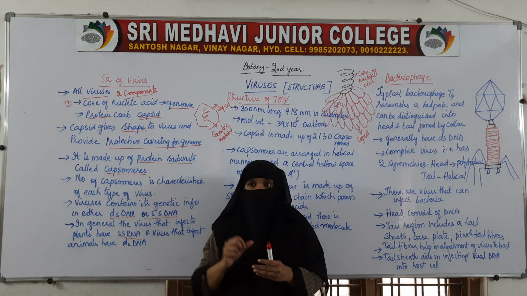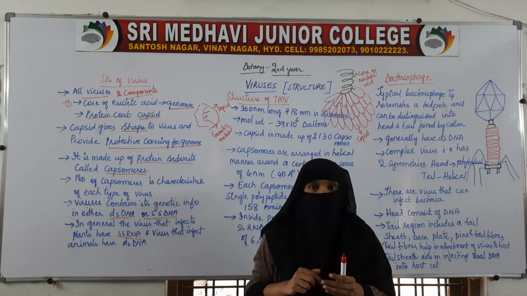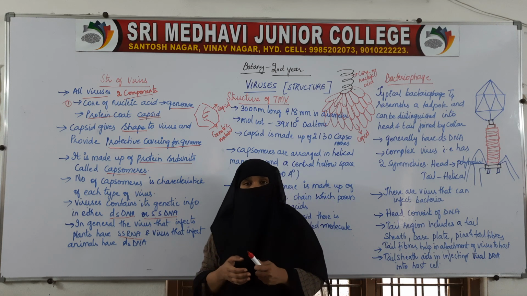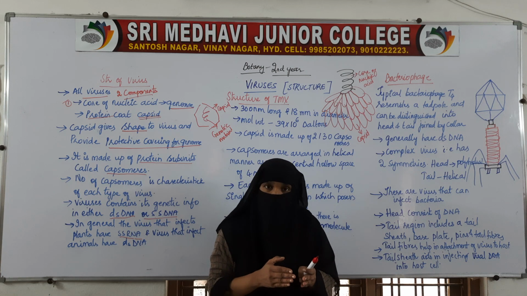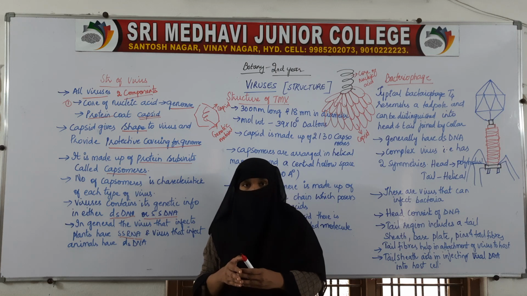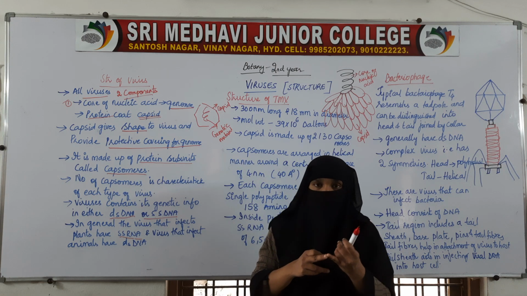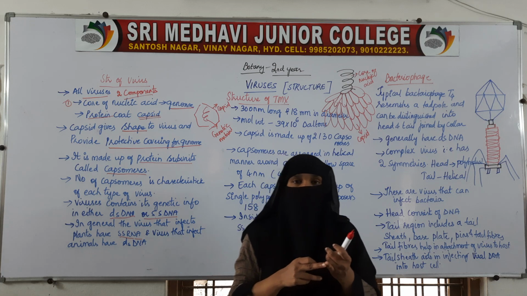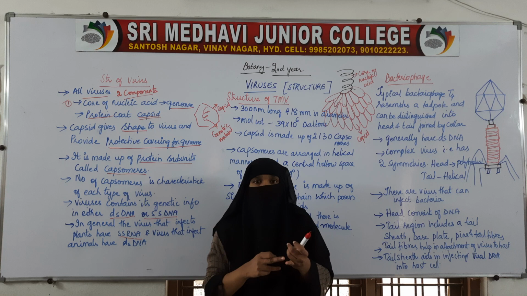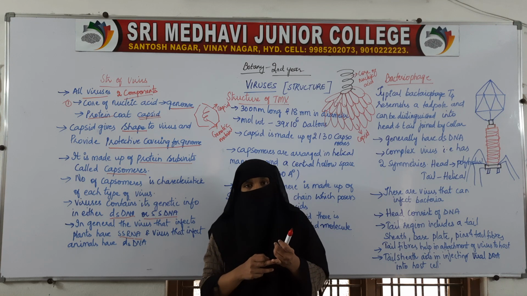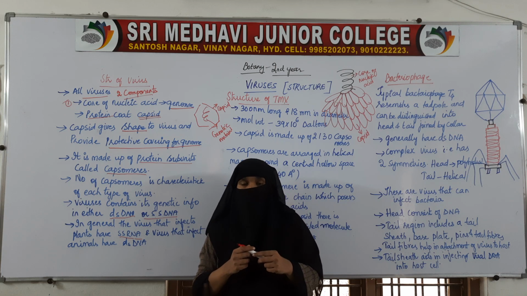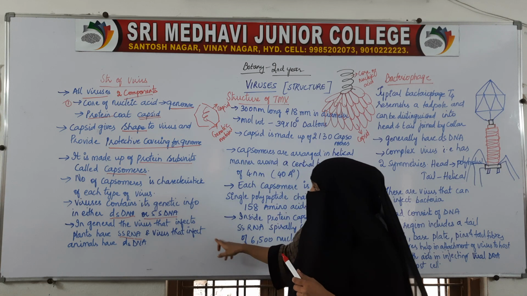Each capsid is made up of small protein subunits called capsomeres, and the genetic material can be double-stranded DNA, single-stranded DNA, or single-stranded RNA. One of these will be present in each virus.